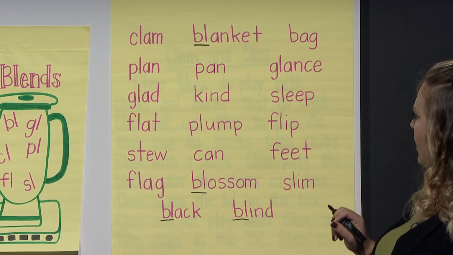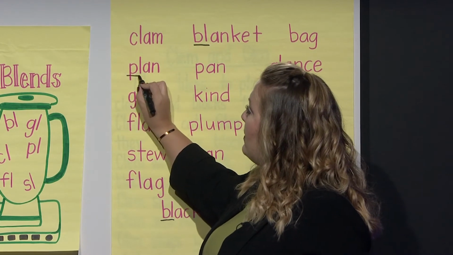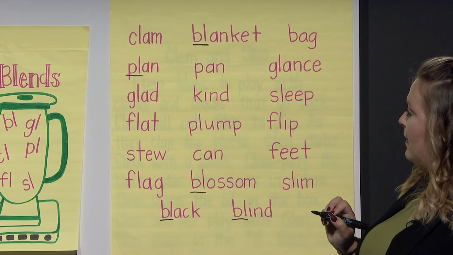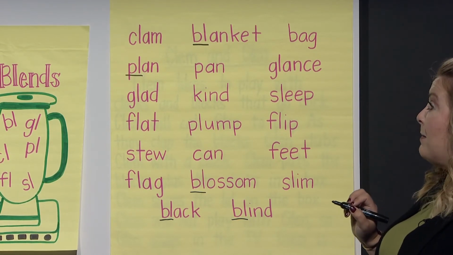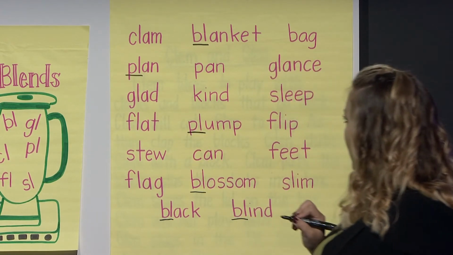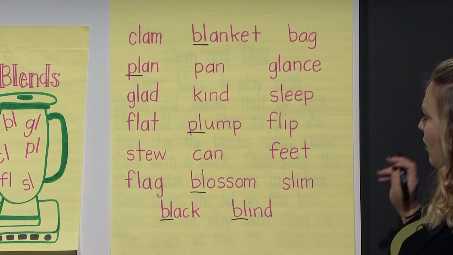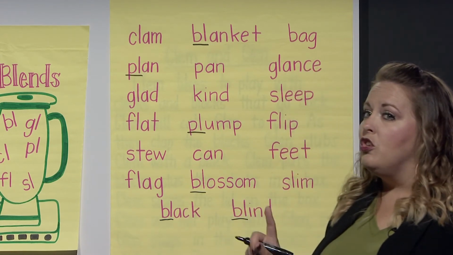Now let's look for PL blends that say pull. Pull. I heard somebody say plan. Plan. Do y'all see another one? Somebody said plump. Great job. Plump. I don't know if I see any more PLs. I don't. Okay, are you listening to this one? This time I'm going to give you just the sounds.